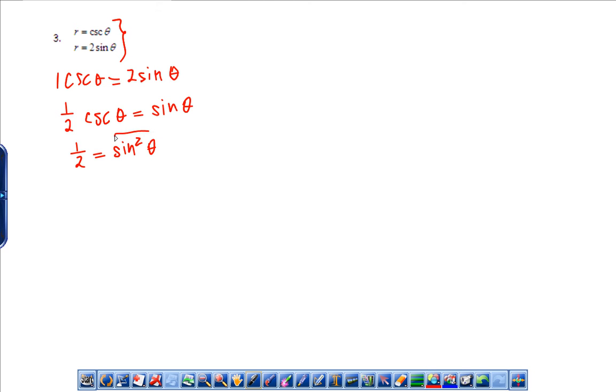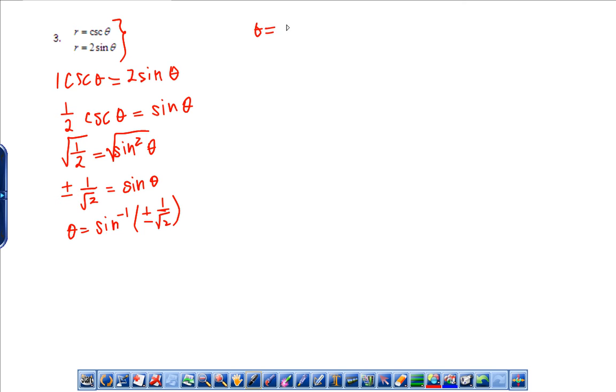Now we need to take the square root on both sides. When you take the square root on both sides, this gives you a plus and a minus. 1 over square root of 2 is going to be sine theta. I'm going to solve for theta, so theta is equal to the arc sine of plus and minus 1 over the square root of 2. Now when I set up my two triangles, I'm going to do my positive triangle first.